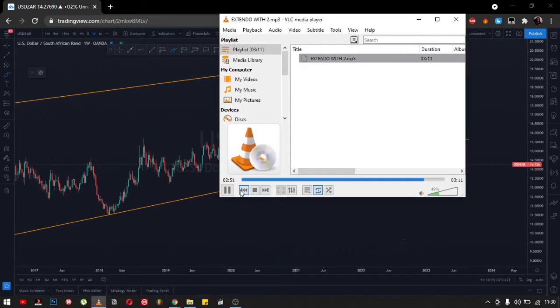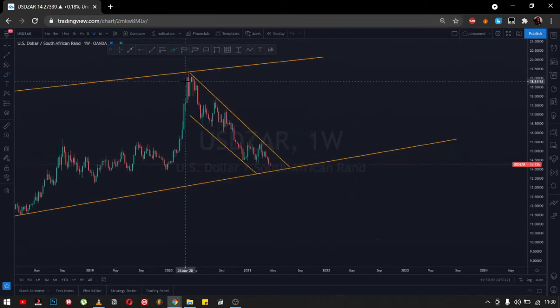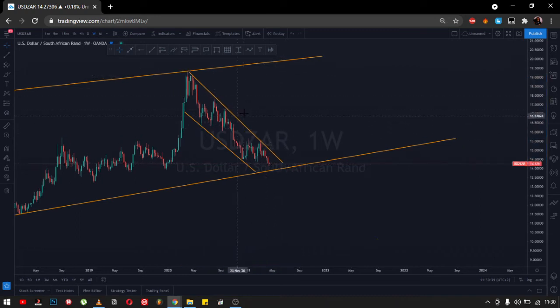So this is the structure here, and then now here's another one here, and then here's another one here. So what we're expecting is bullish action, a break of this trend line and an upward move, or a break of this support here, and then a confirmation and a downward move.